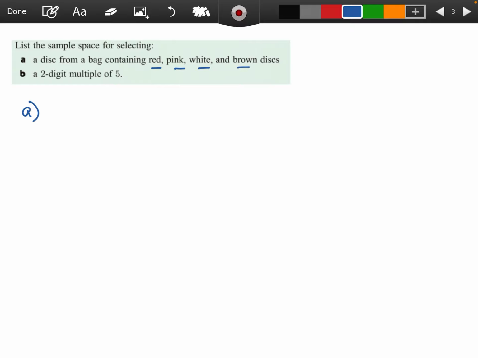Similar to what you would do when you come into my class for a new unit, you're going to select a disc from a bag. So the possible outcomes of you selecting one disc are just red, pink, white, or brown. Those are the possible outcomes of the experiment of choosing one random disc out of this particular bag.